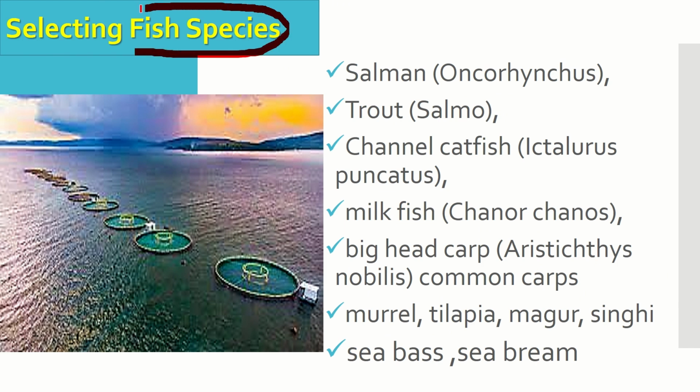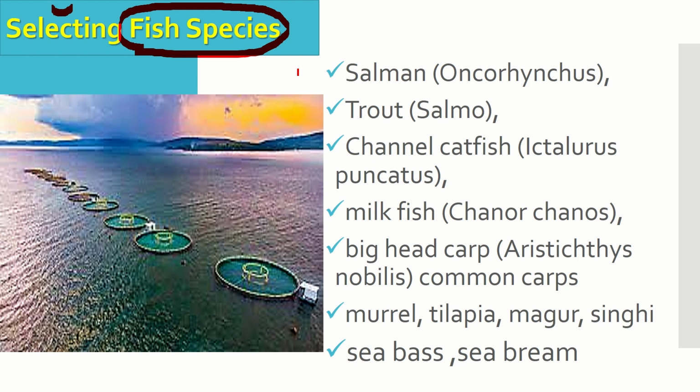The fish species traditionally cultured in cages were chiefly local species. However, the choice of the species cultured depends upon the seed availability and market demand.